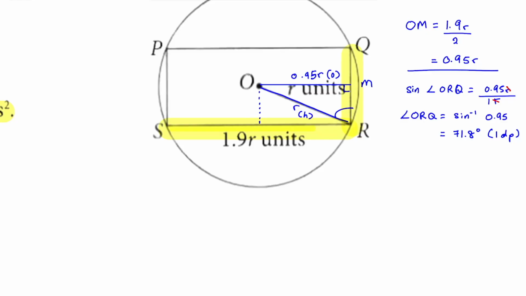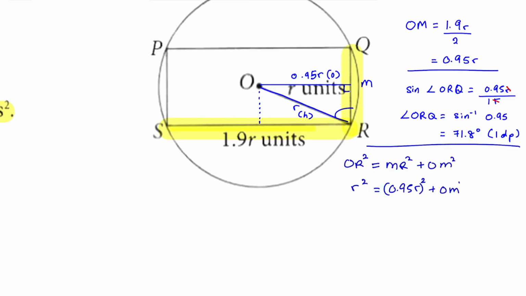Let's write down the base formula. OR square, which is the hypotenuse, equals MR square plus OM square. Then OR is r, and square, equals MR is 0.95r, bracket square, plus OM square.